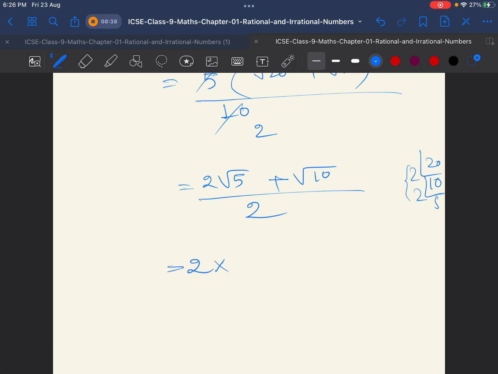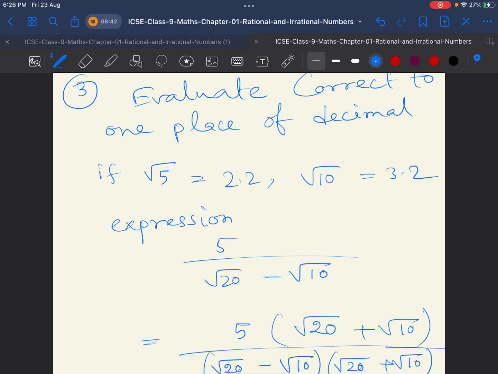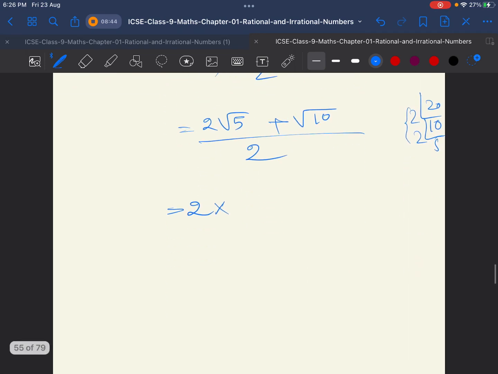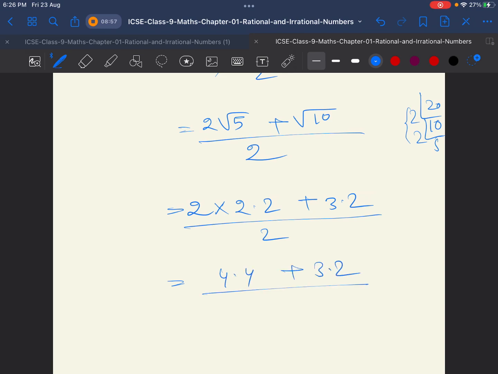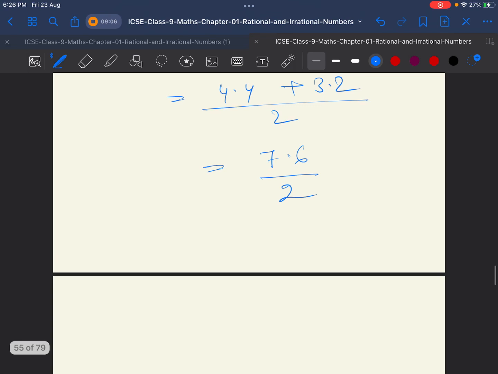Okay, now we substitute the value of root 5 and root 10. Root 5 is 2.2 and root 10 is 3.2 by 2. So 2.2 into 2 is 4.4 plus 3.2 by 2. So this is 7.6 by 2.